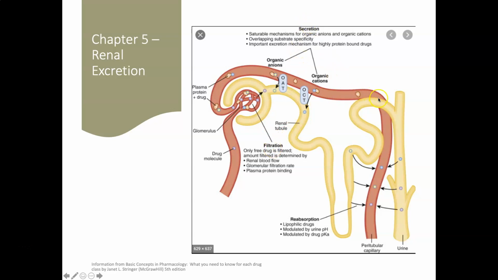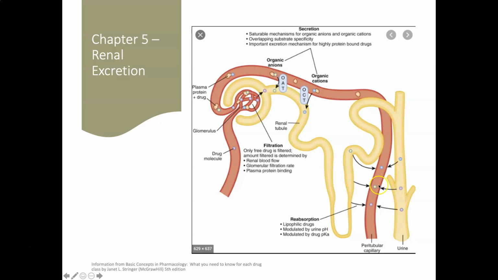What happens next? Well, it comes down into the distal tubular section, and it's going to get reabsorbed. This is where lipophilic drugs, which means the fat-soluble drugs, get pulled out.